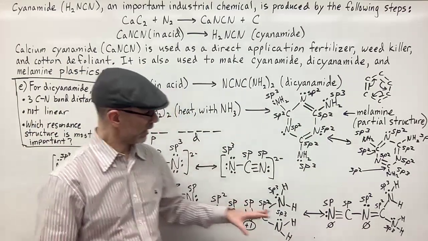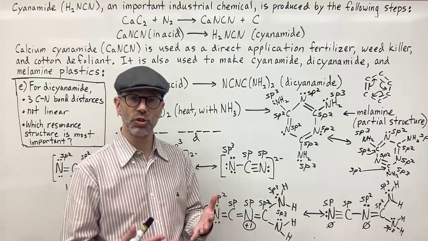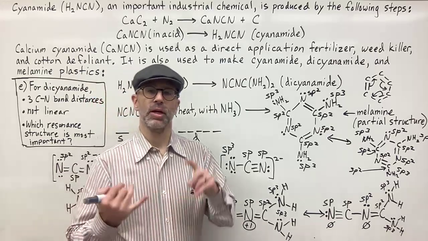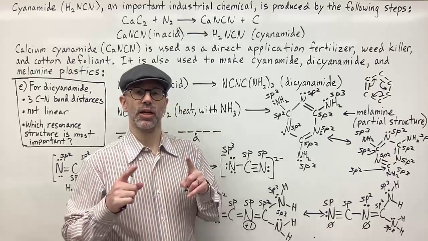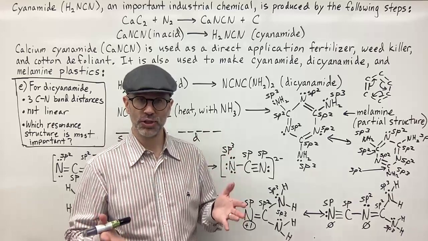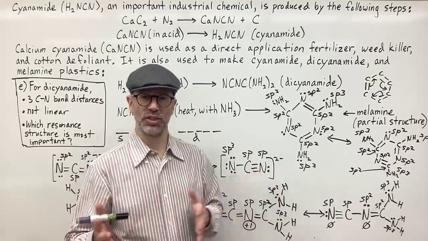Now, when you're trying to decide which of the resonance structures is the most or more important, there's 3 things you want to look at. The first thing is the complete number of formal charges. How many formal charges do you have in your resonance structure?